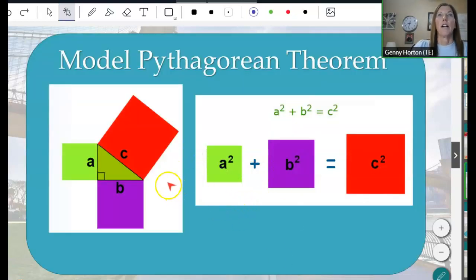So here's another picture, a way to look at it. This was on my first screen. We have A squared plus B squared is equal to C squared, and we put it all together with our formula. This number plus this number would equal the C squared.